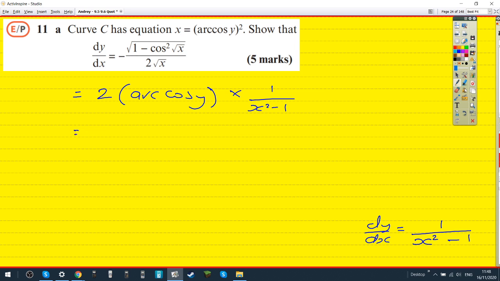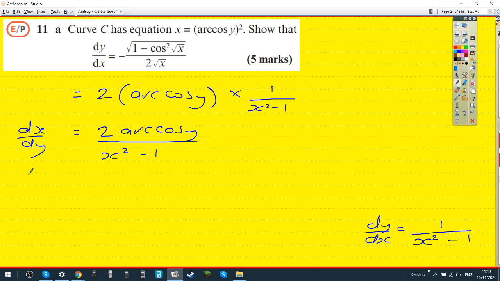Yeah. And actually, maybe we should have done. So what is that equal to? The root 1 minus cos squared root x over 2 root x. Hold on. dx dy?